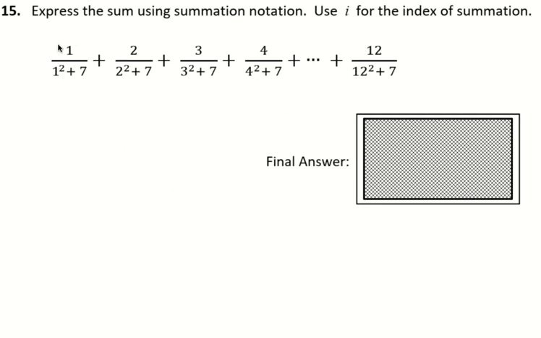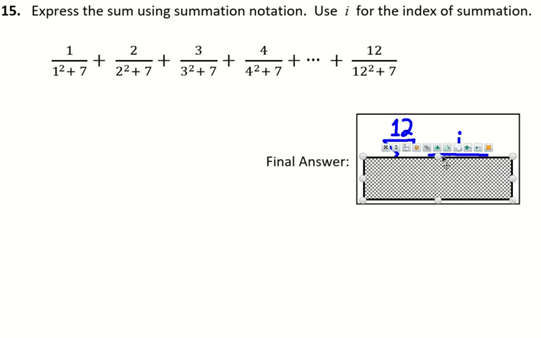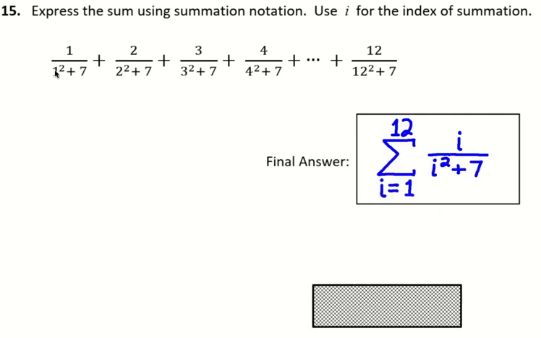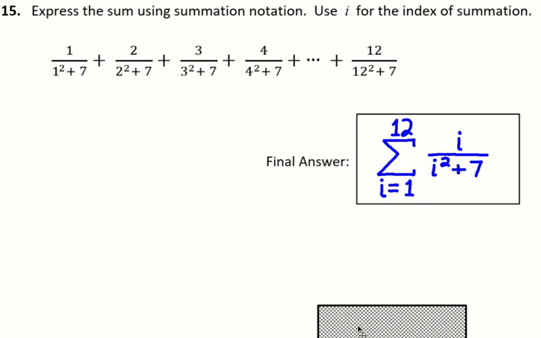But you notice as we go from term to term to term, what's always increasing by 1 is the entire numerator, so that's going to be represented by just i, and this part in the denominator is always increasing by 1, so it's always going to be something squared plus 7 down here, and so that goes here, and we're obviously going from 1 to 12. That's really all I can say about this one.